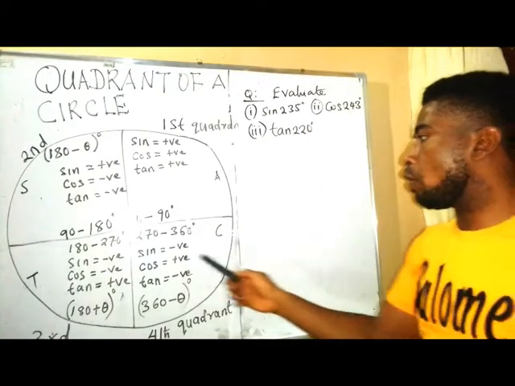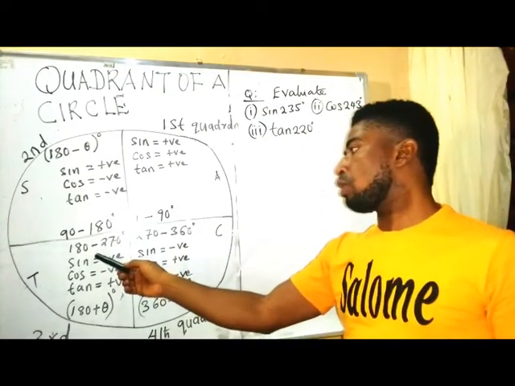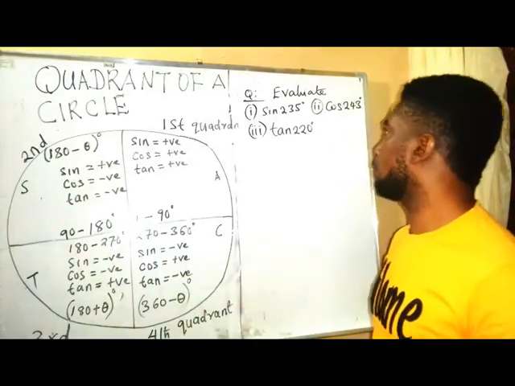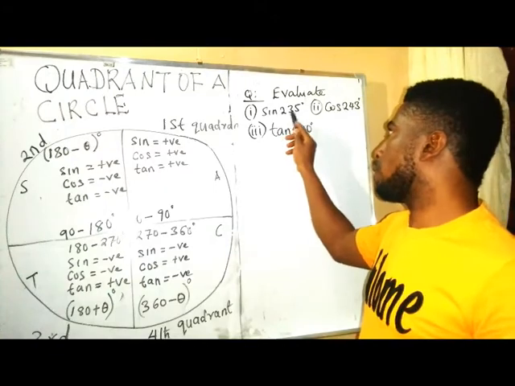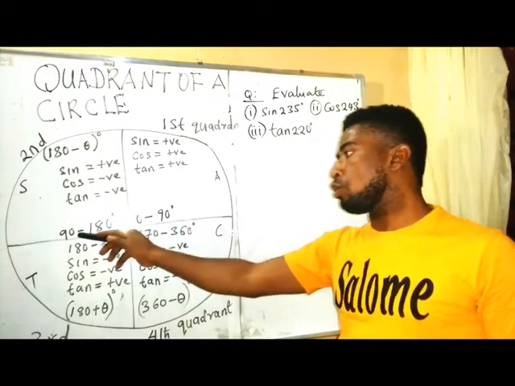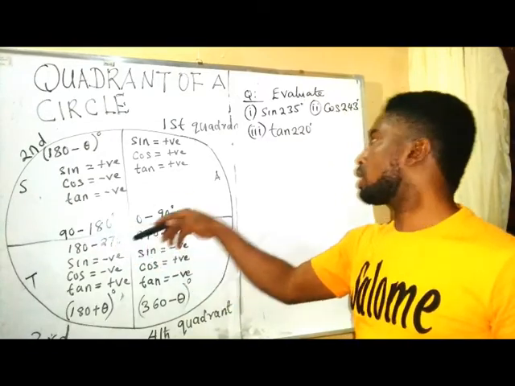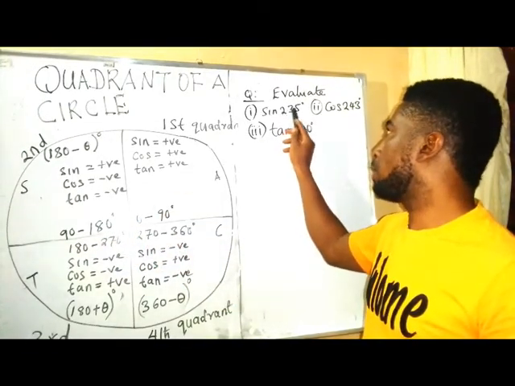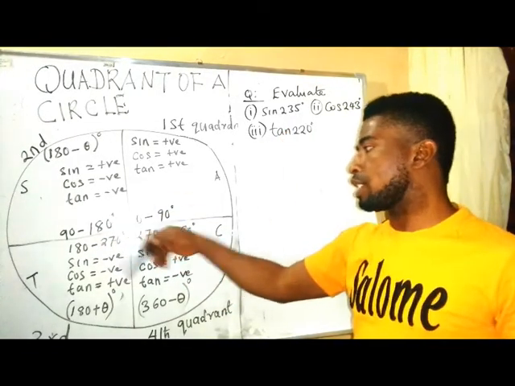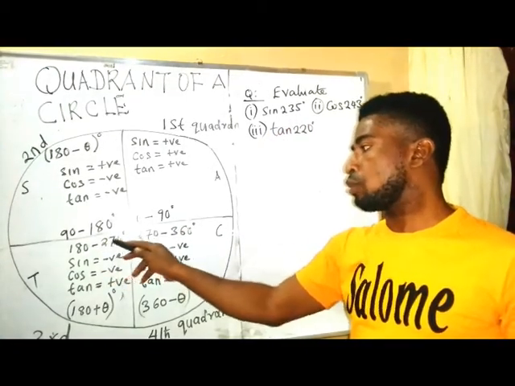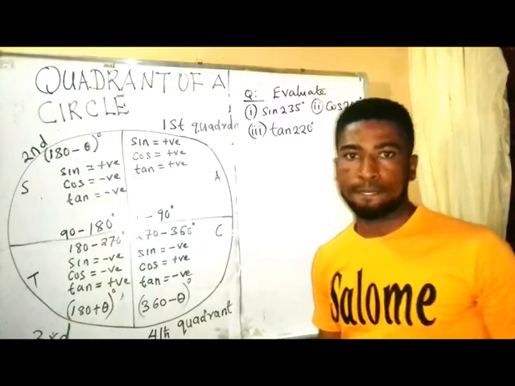I guess 235 falls into the third quadrant, which is from 180 to 270 degree. Remember, 235 cannot fall into the second quadrant, that is from 90 to 180, but 235 is above 180. So 235 falls in the range of the third quadrant.